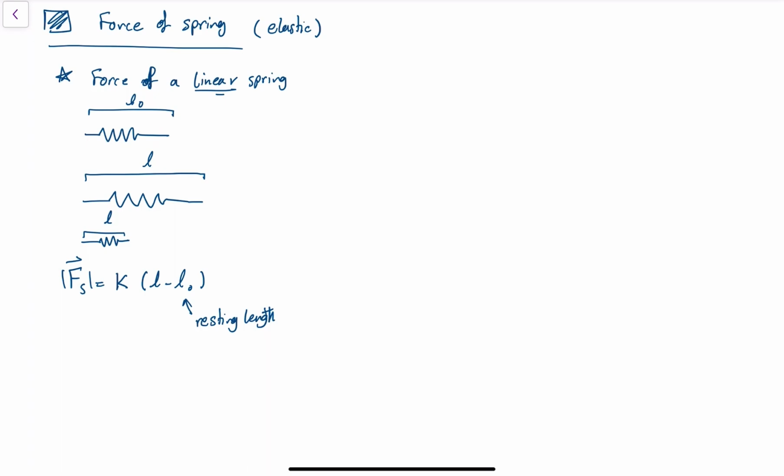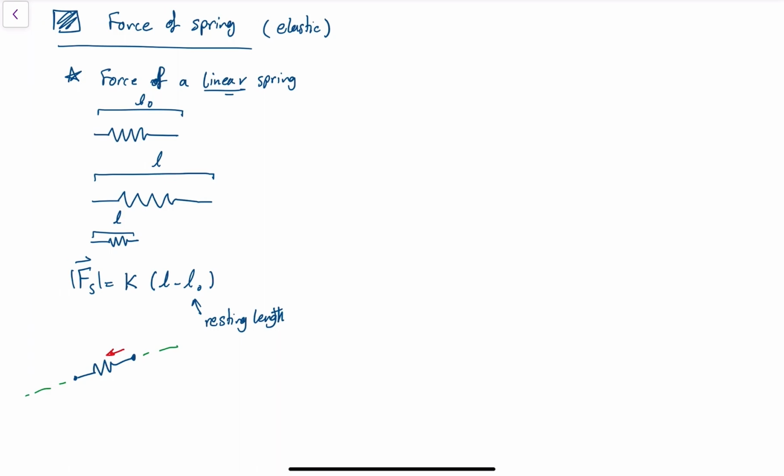For the springs we are dealing with, the direction of the force, so the force that develops in a spring as you stretch it, is always along the main axis of the spring. But whether it is a compression or tension force depends on whether you have stretched it or compressed the spring, whether the length increased or decreased.